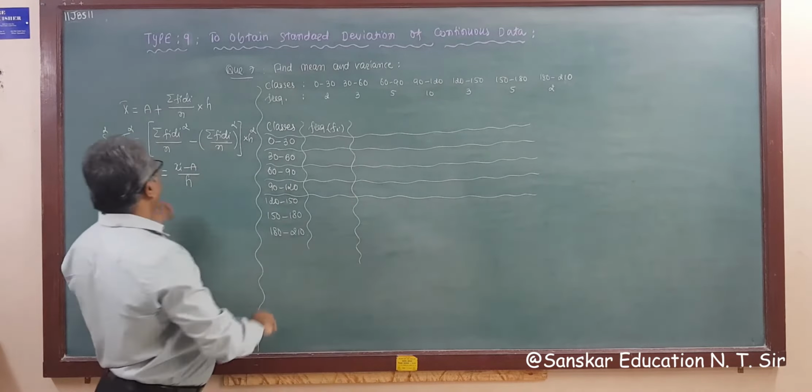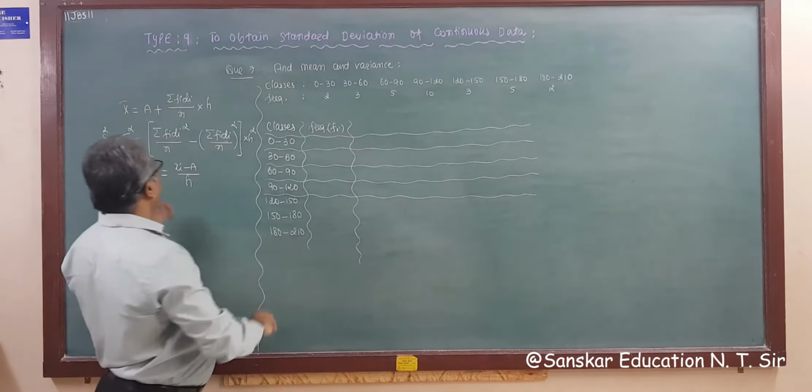Now the frequencies are given: 2, 3, 5, 10, 3, 5, 2, and you know the sum of all frequencies is always the total number of observations. So sigma fi is 30. So total number of observations is 30. This is your n.